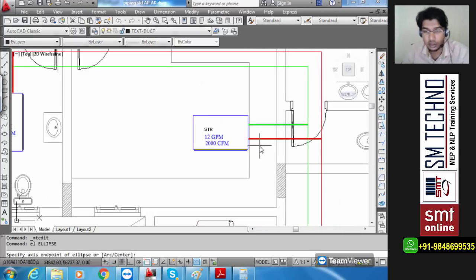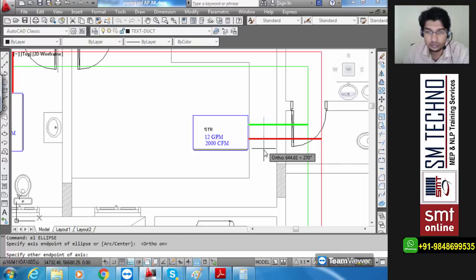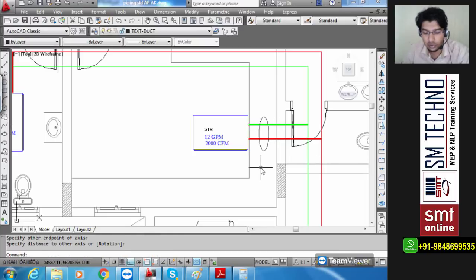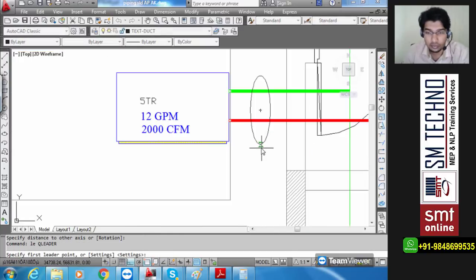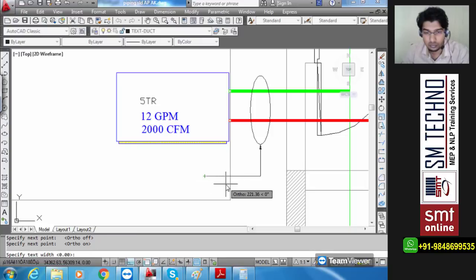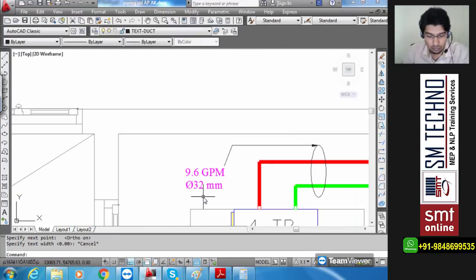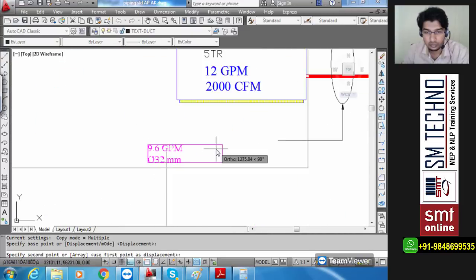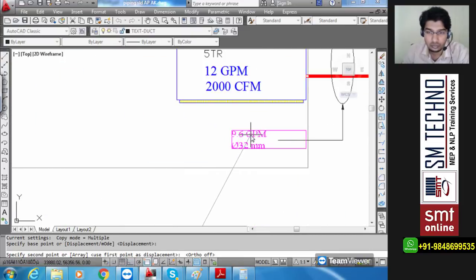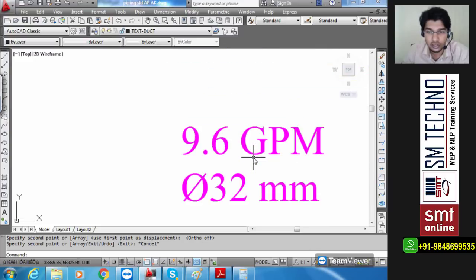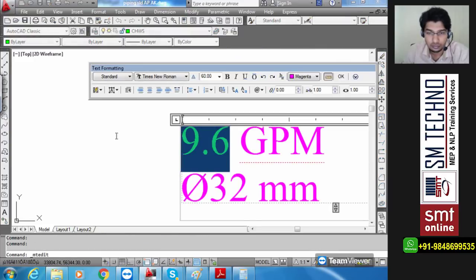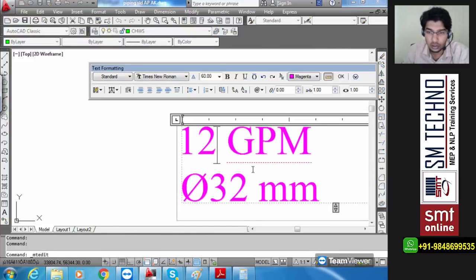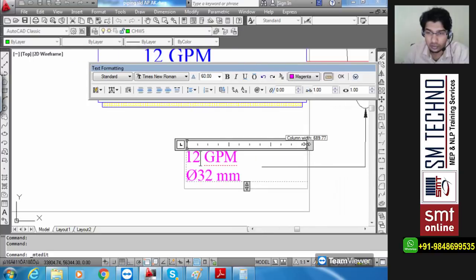Once again, EL enter, the two different levels, LE enter, copy the text, that is for 12 GPM, 32 mm, same right?